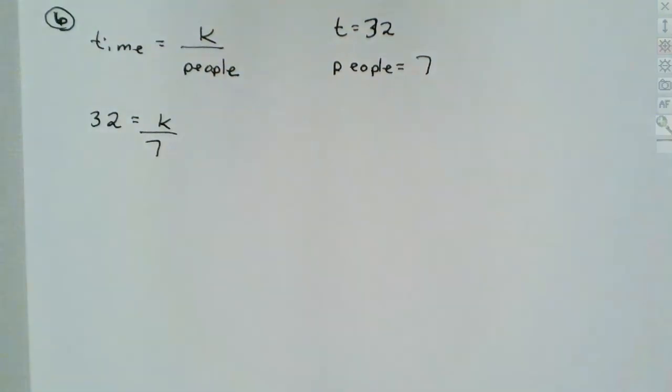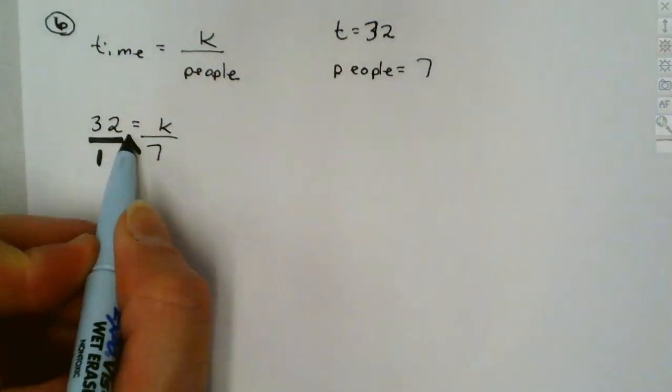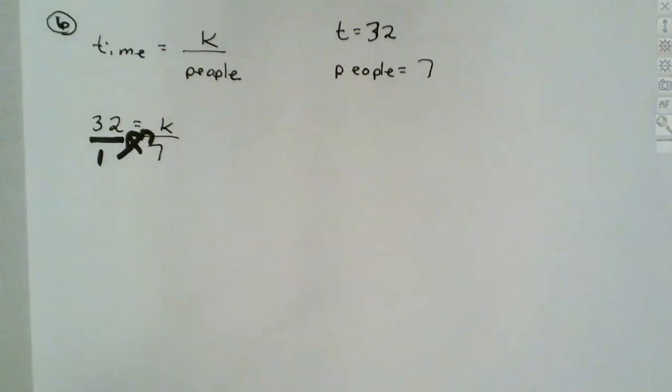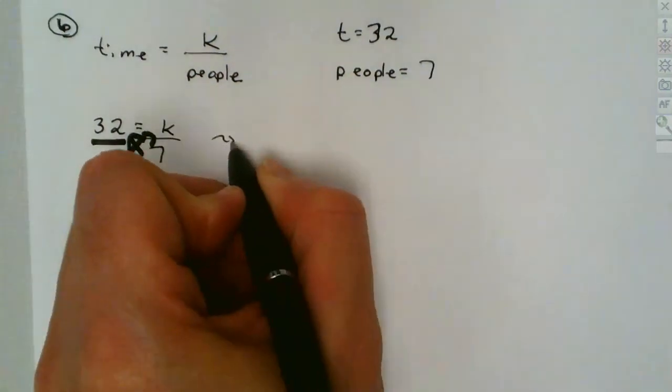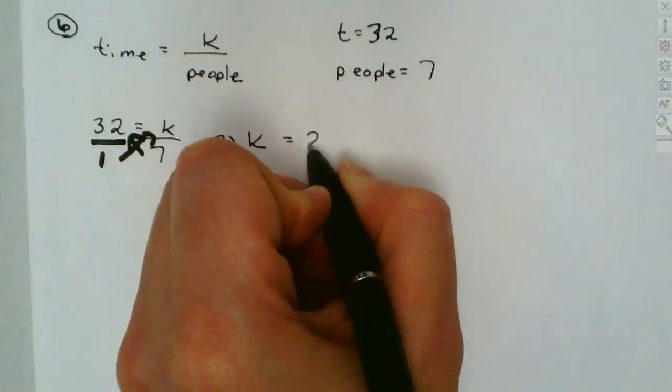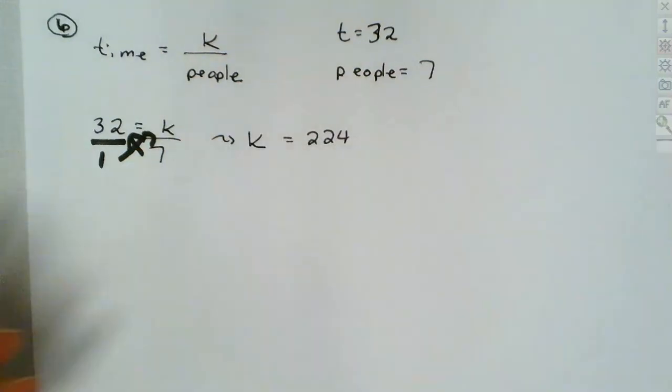It doesn't say anything about rounding, so we're going to keep the fractions if we have any. We can easily solve for K, though, because all we have to do is cross multiply. So 32 times 7. That gives us then a value of K to be 224. So there's our new formula.